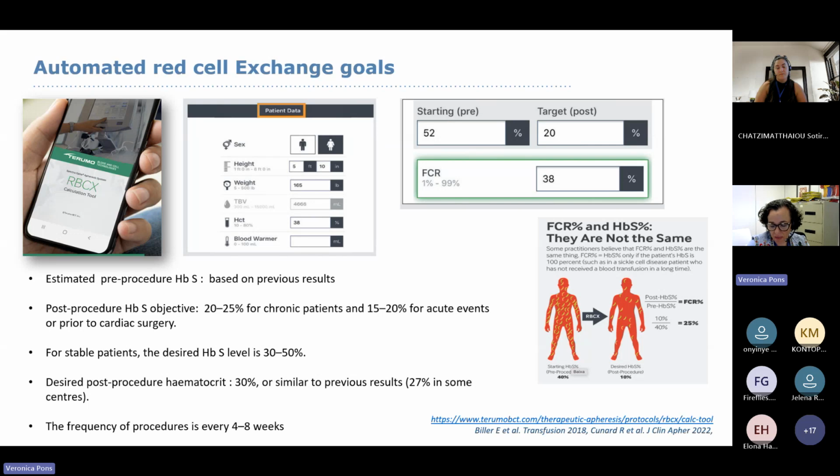The desired hemoglobin S level is approximately 20 to 25%, but it can be lower in some acute events or even in cardiac surgery. In general, the desired hematocrit afterwards will be 30%, and in the chronic program, the frequency of procedures is usually every 4 to 8 weeks.